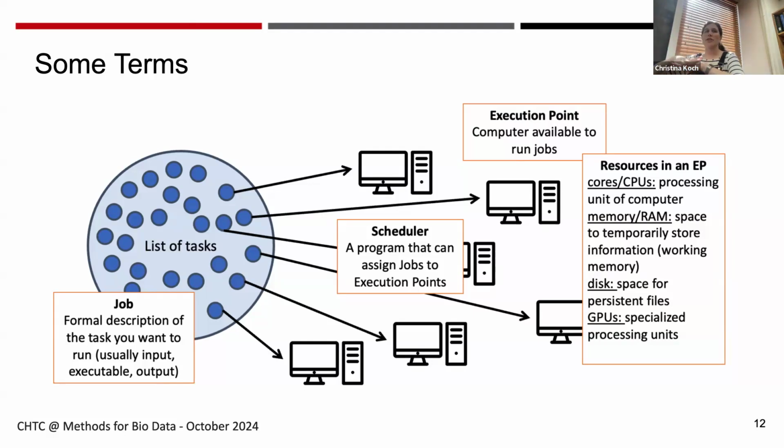If your computer crashes or turns off, it empties out, so it's not persistent in that way. Your disk space, your hard drive, is persistent, and that's where we store things like files. And then GPUs are a specialized processing unit, graphical processing unit. So same kind of function as a CPU, but more specialized. Okay, so those are all terms that will appear through the rest of the presentation and demo.